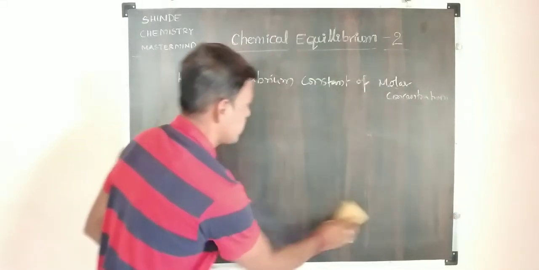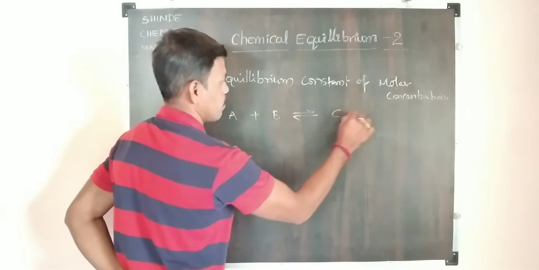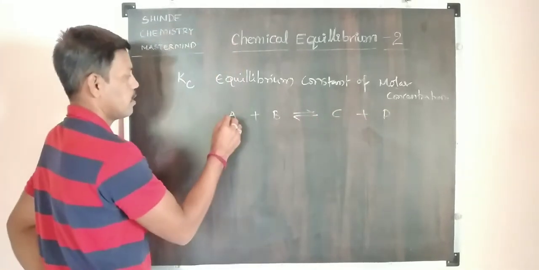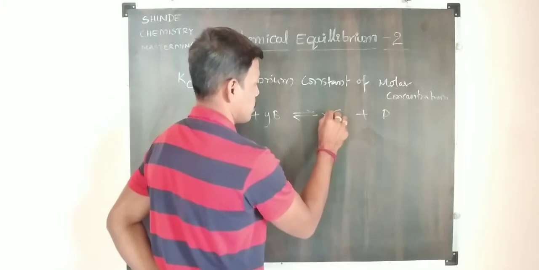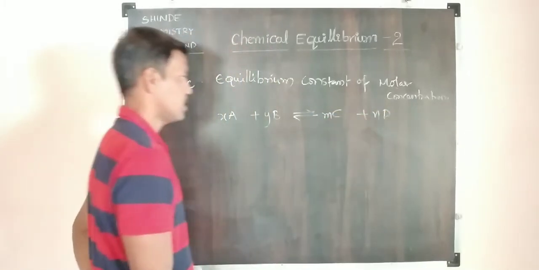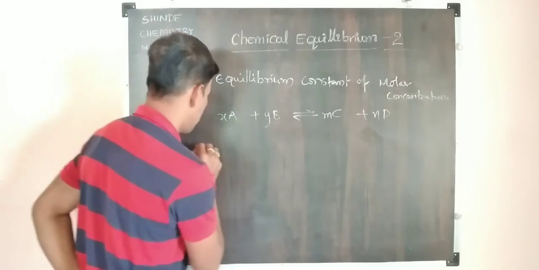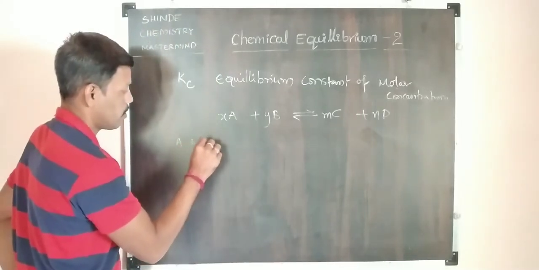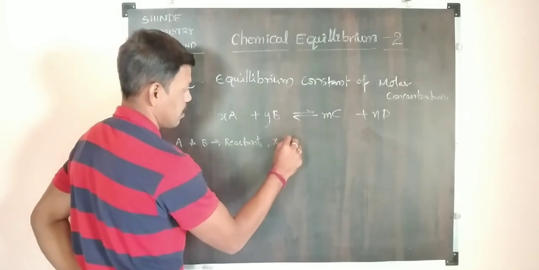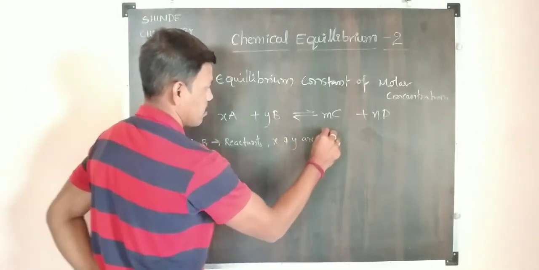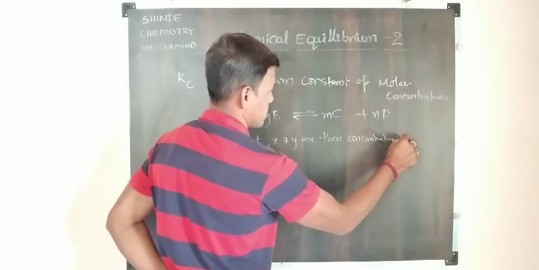See here, in this reaction, A plus B gives rise to C plus D. Here the concentration of A is X, B is Y, C is M, and D is N. In this equilibrium reaction, A and B are reactants, and X and Y are their molar concentrations, right?